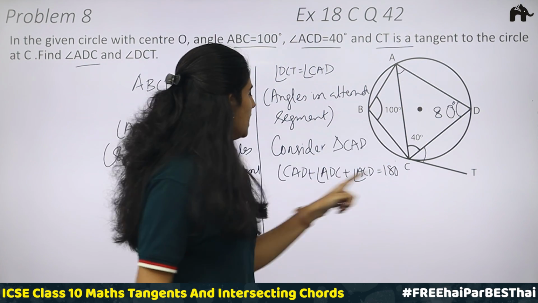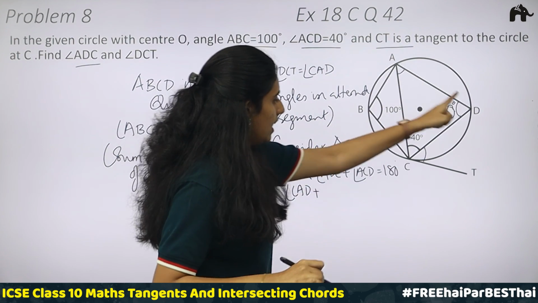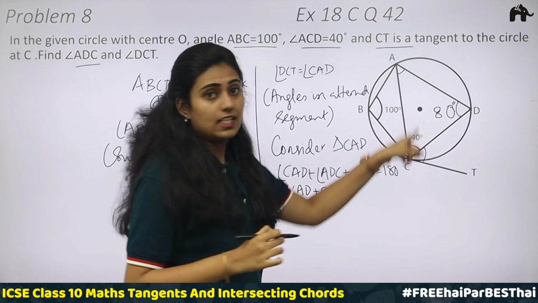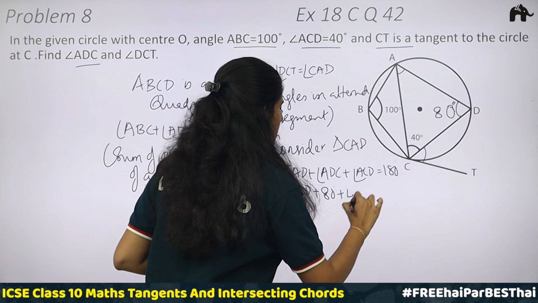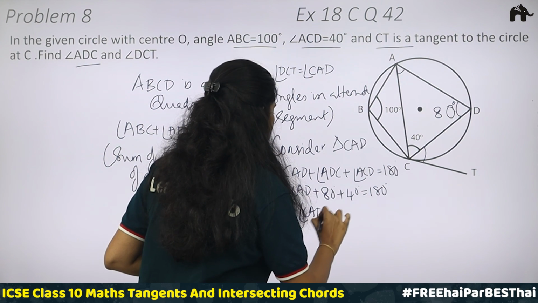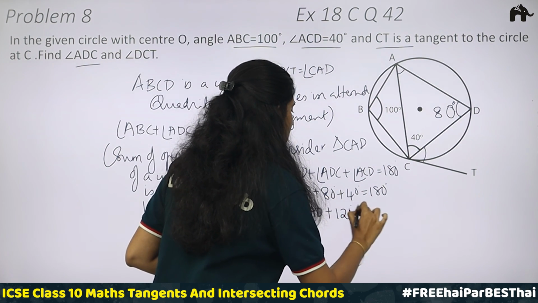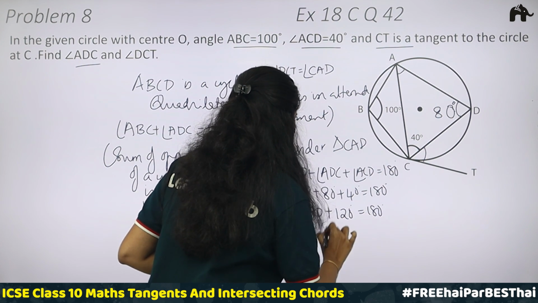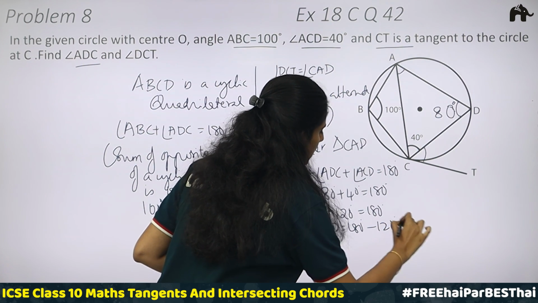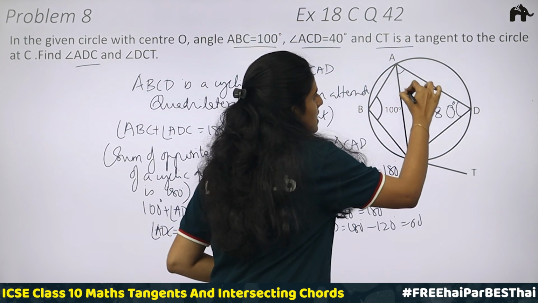CAD we have to find, plus ADC is 80 degrees and ACD is 40 degrees, equal to 180 degrees. Then CAD plus 80 plus 40, 120 degrees is equal to 180 degrees. That is CAD equal to 180 degrees minus 120 degrees, and that is equal to 60 degrees. CAD, this angle is 60 degrees.